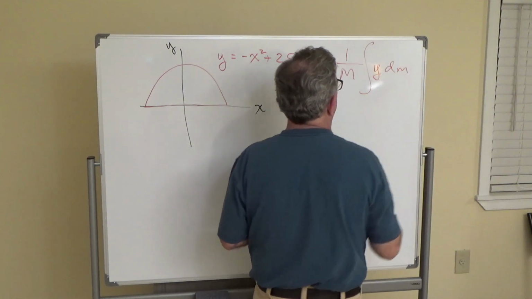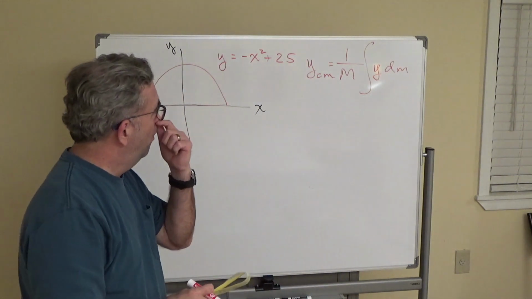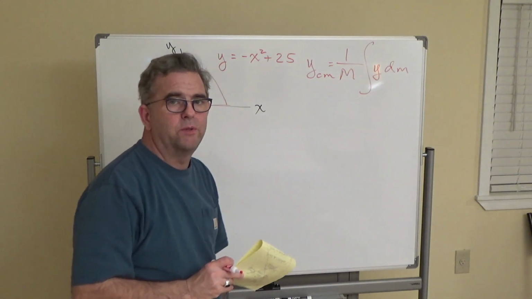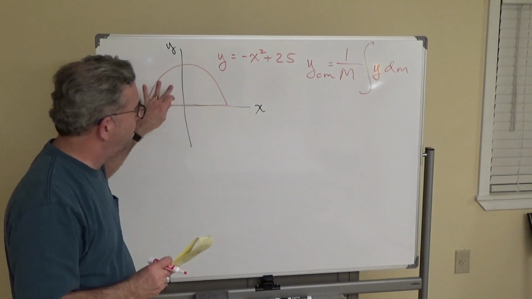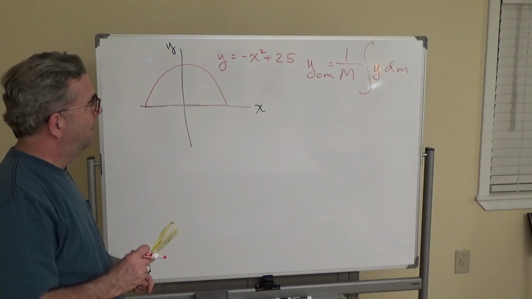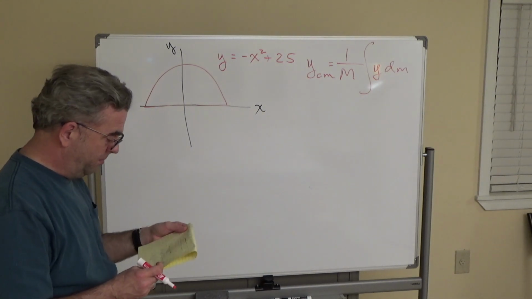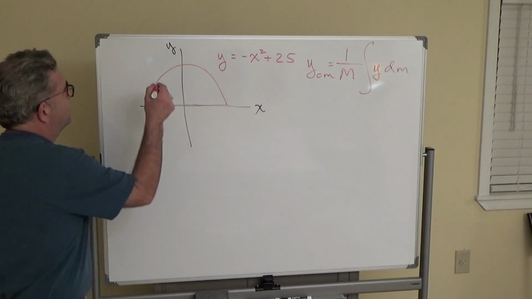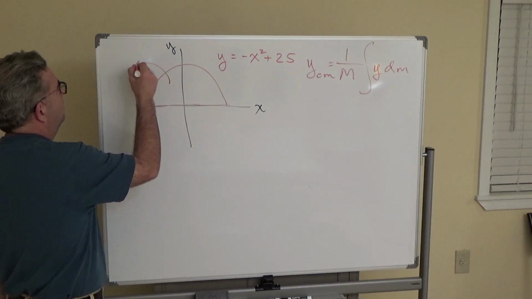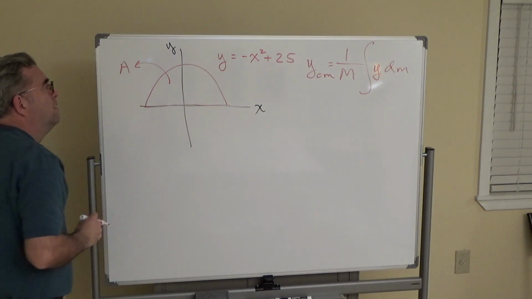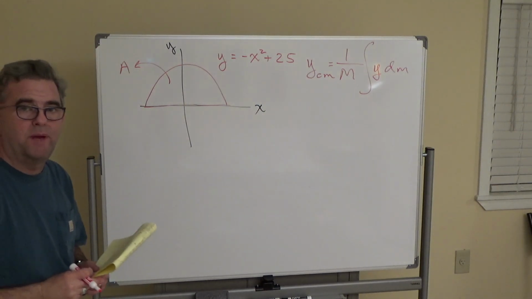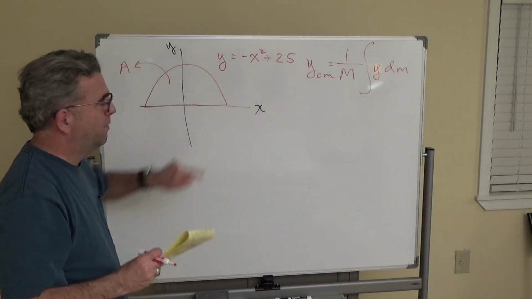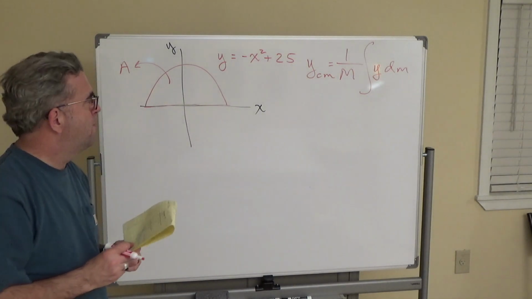Okay? So what I'm going to do is change these into variables that we can use for this 2D problem. And I'll show you how. Let's say that this has some area A, from here and around here.